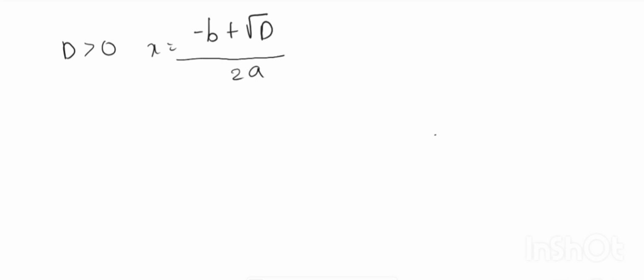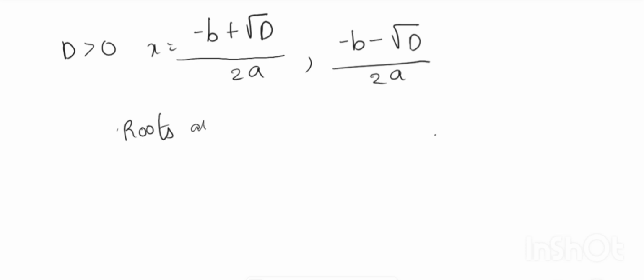Now we'll understand this determinant clearly. For D is greater than 0, x is equal to minus b plus root D by 2a, and minus b minus root D by 2a. Here the roots are real and distinct.